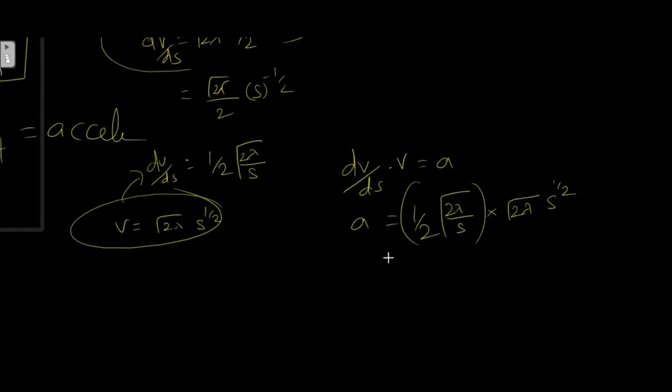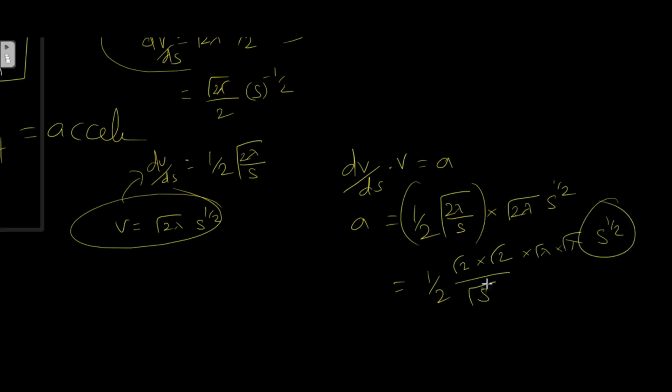Here there is a root 2 and a root 2, here lambda, here also lambda, so there is 2 lambda, and here also s to the power 1 by 2.